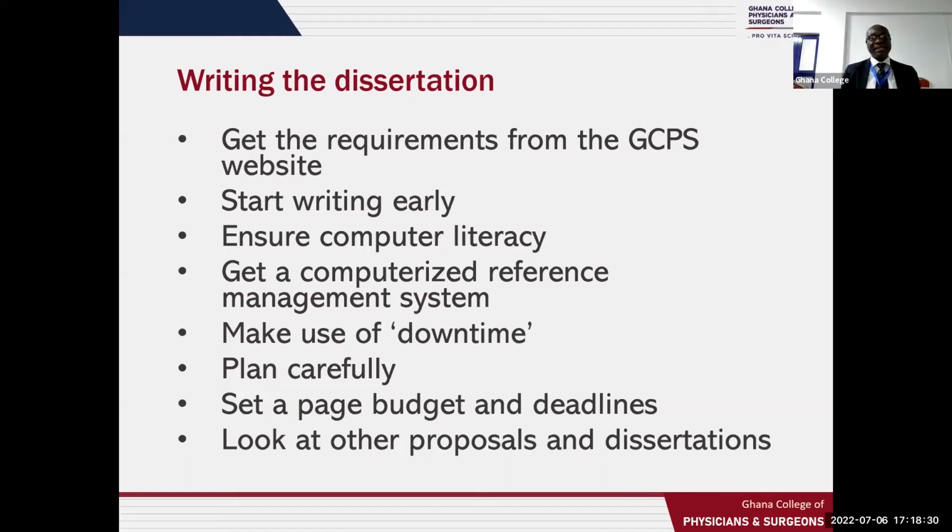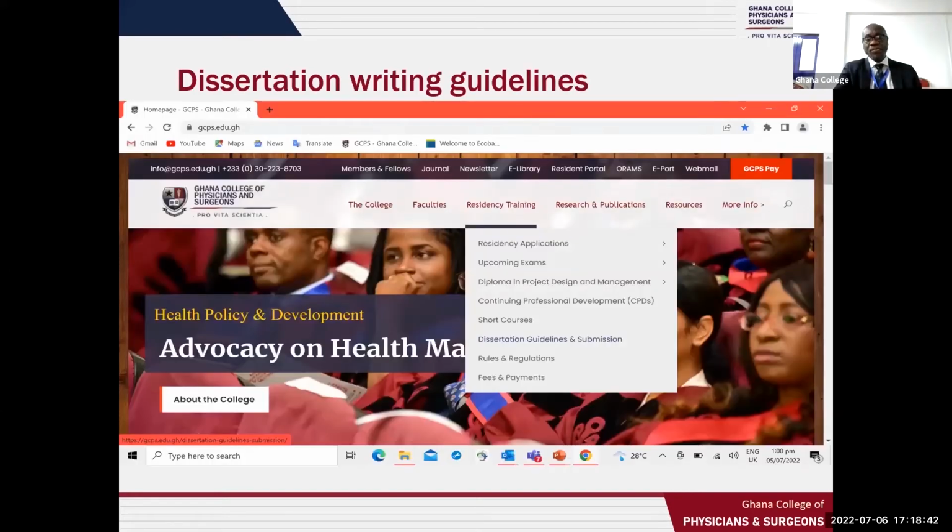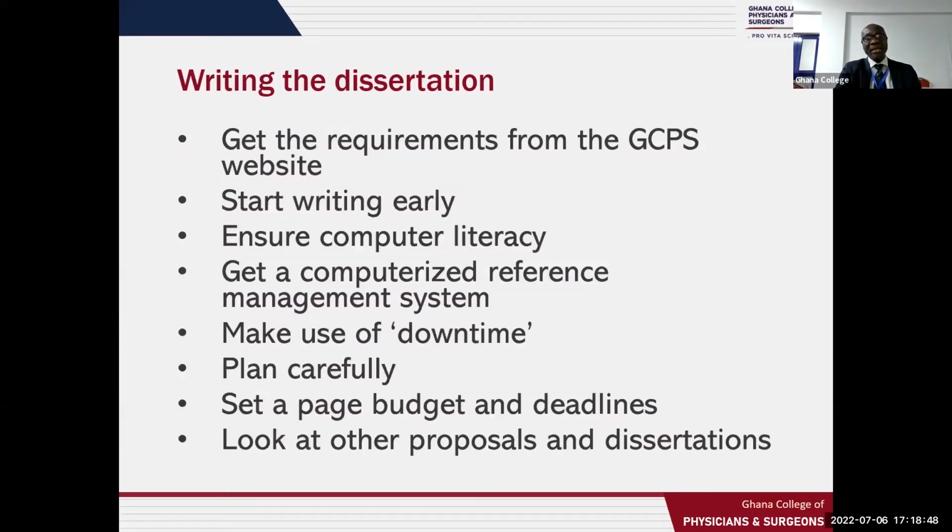The first thing is to get the requirements from the college website. So it's important for the residents to visit the website as we showed here. It's important for them to go to the website, download the dissertation guidelines, and know exactly what is required in terms of the font size, the spacing, and all that.